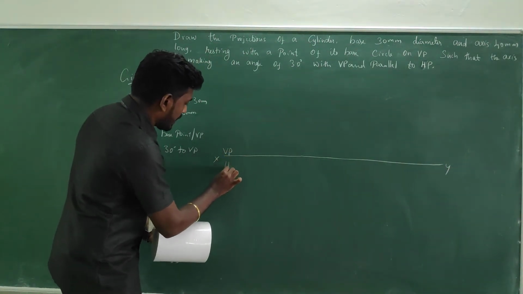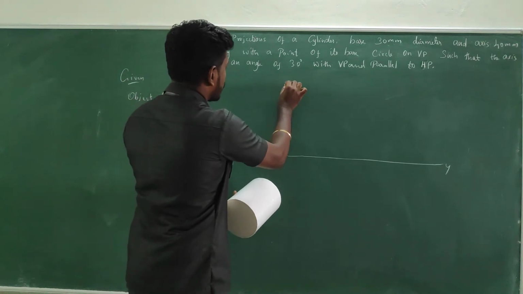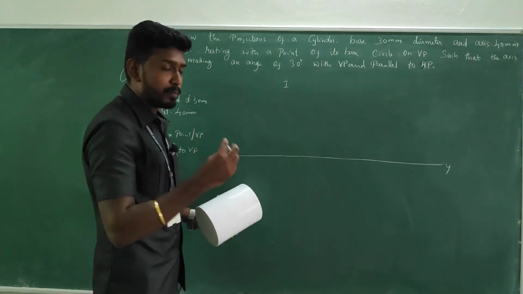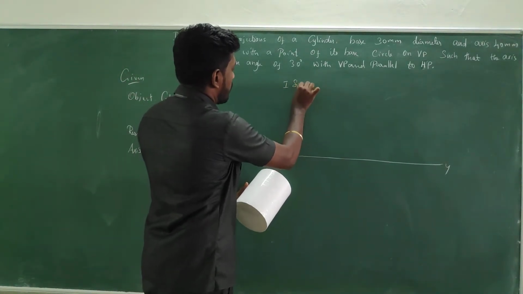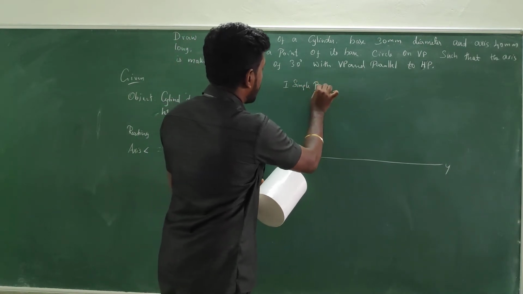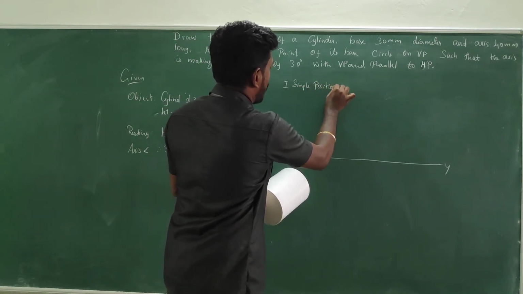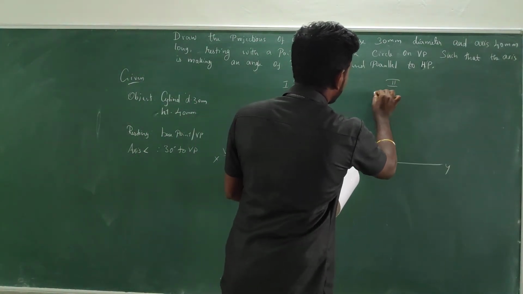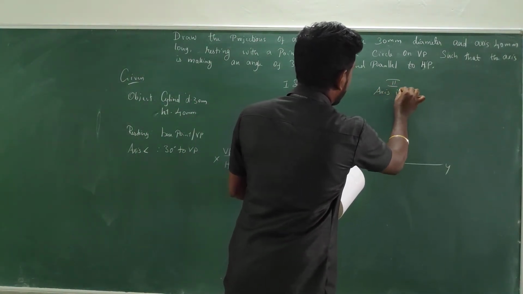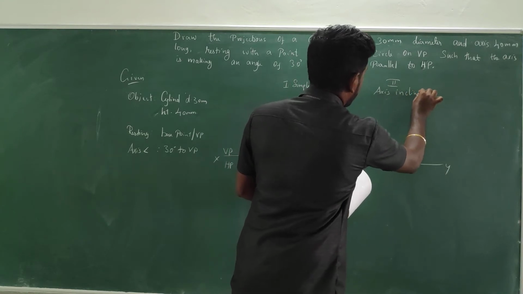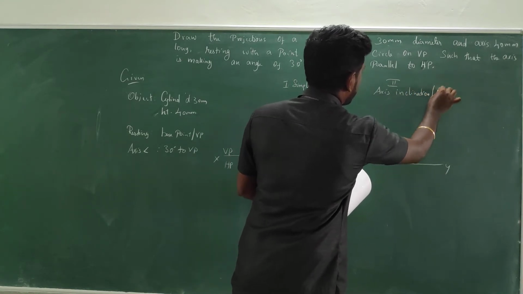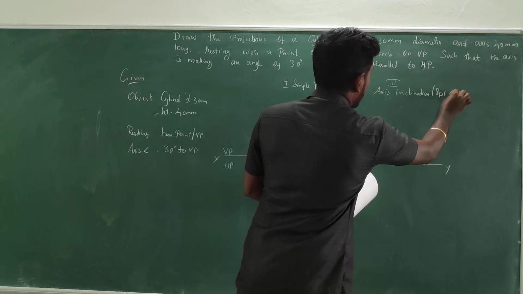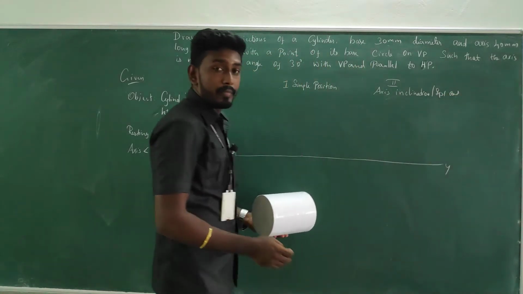So this is VP and this is HP. First it is a simple position, and the second one is the axis inclination or special condition we need to show here.